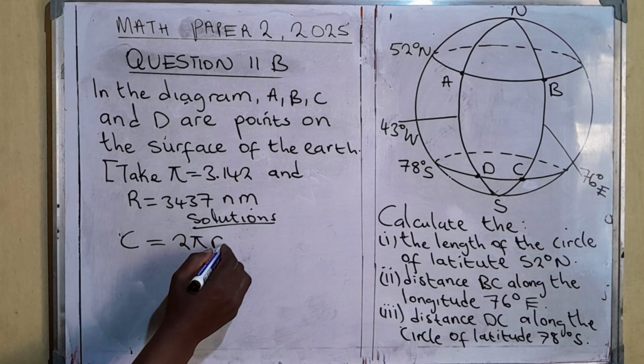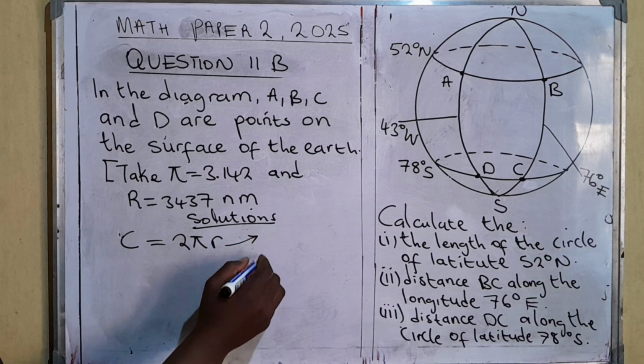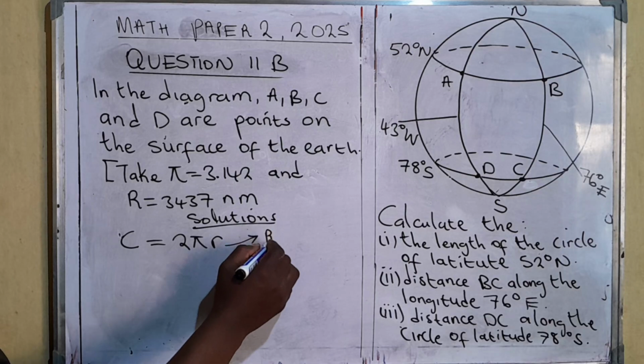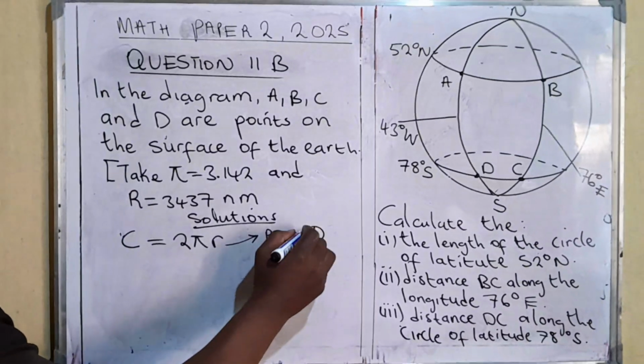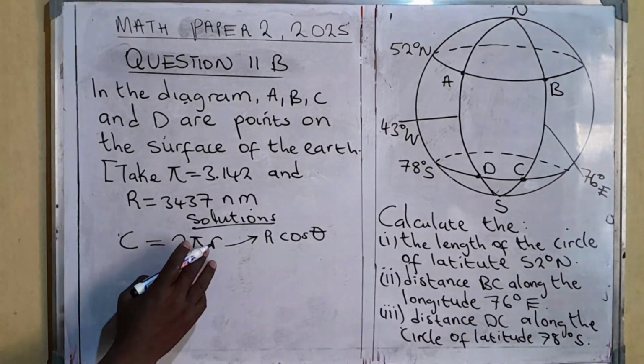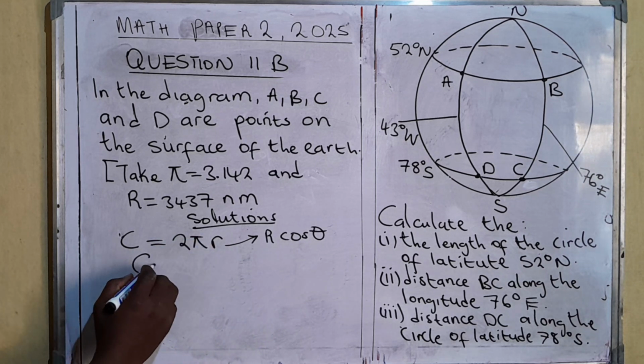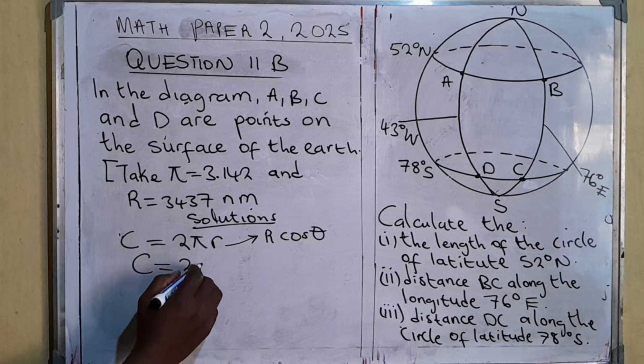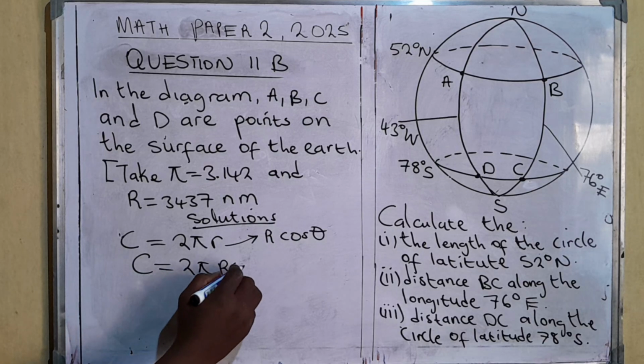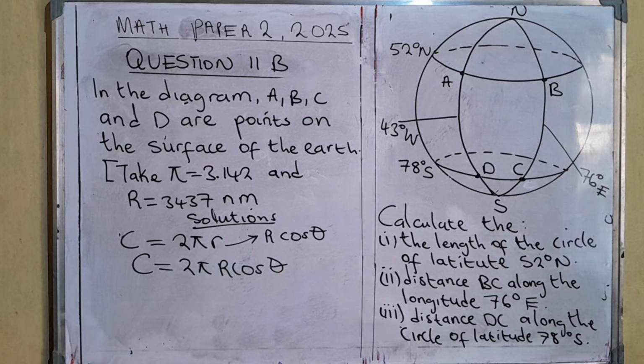But the radius of the latitude is actually given by r cos theta. So we'll need to substitute this r with that, and the equation will become 2 pi r cos theta.